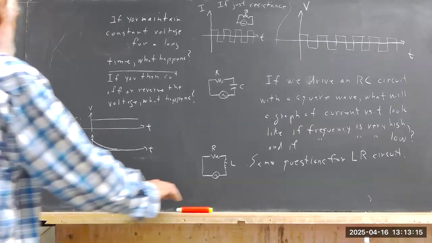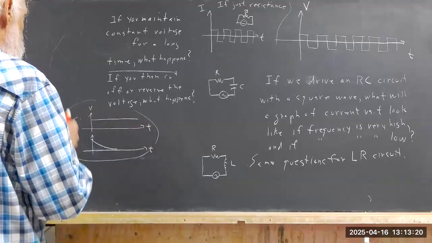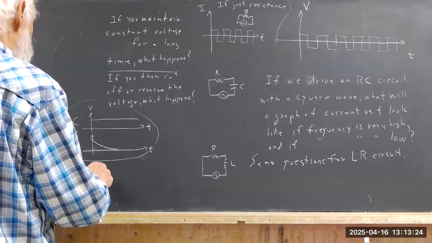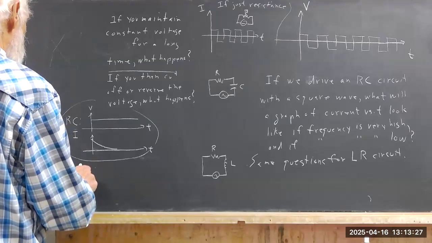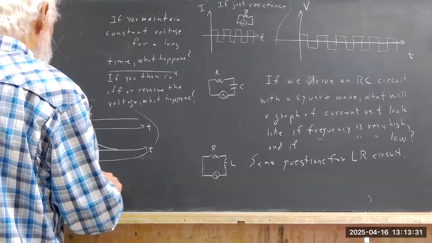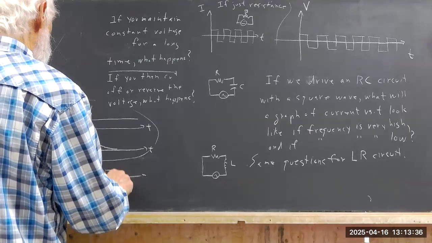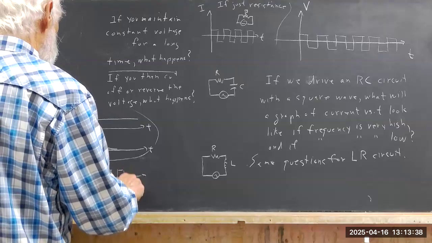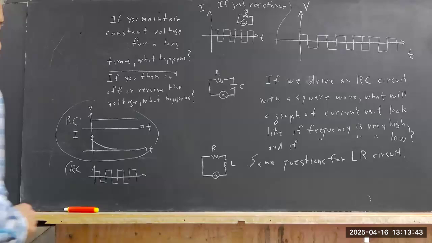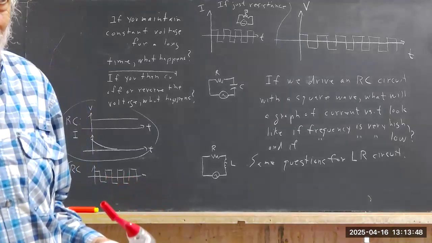So that's for the RC. So what's it look like? Let's say we do our square wave in a low frequency.